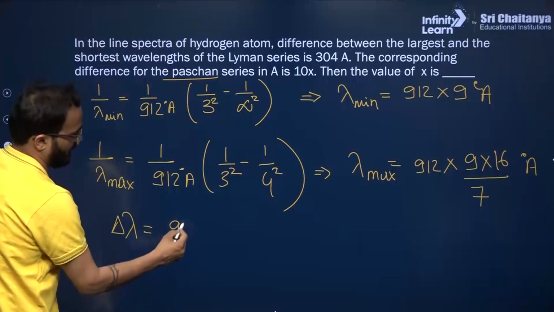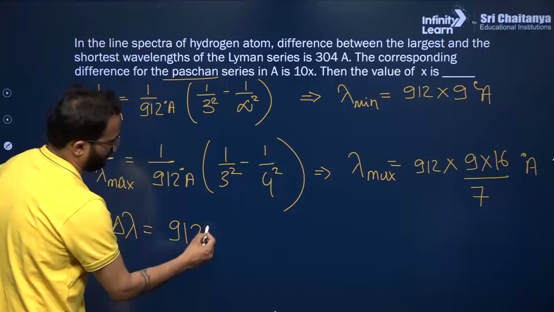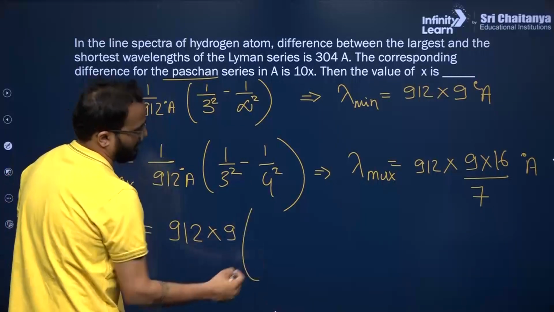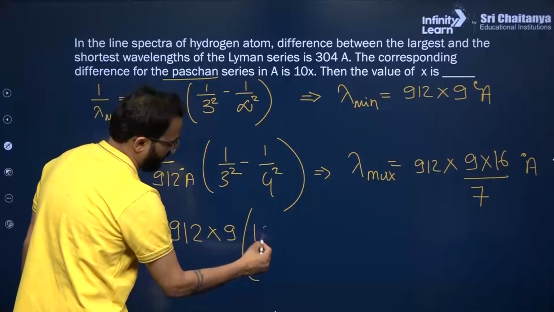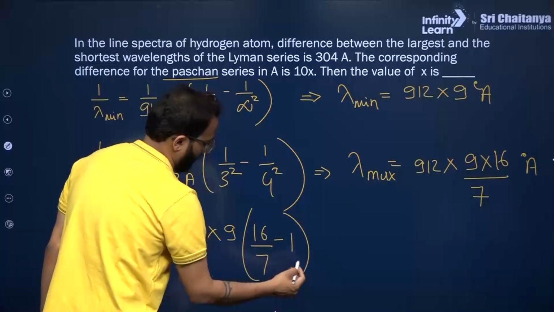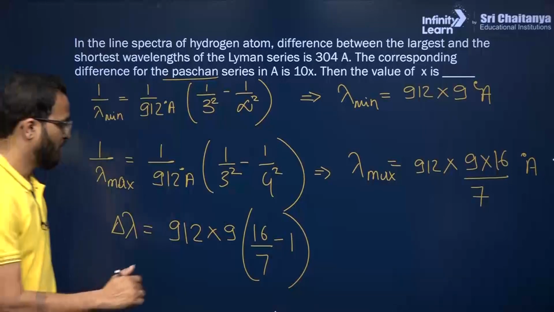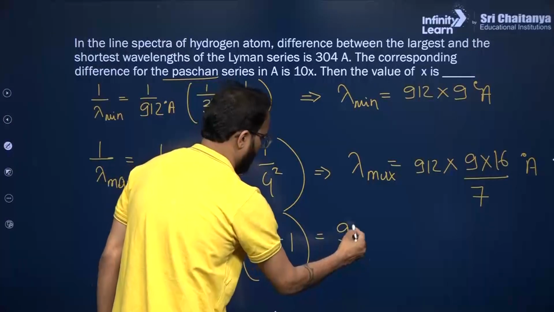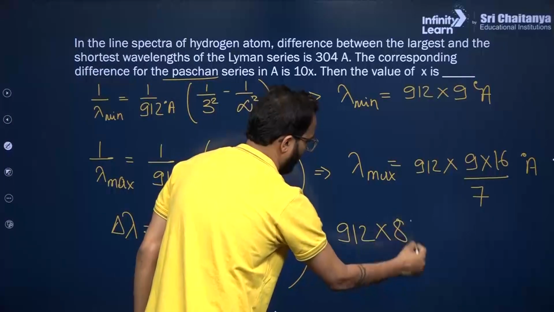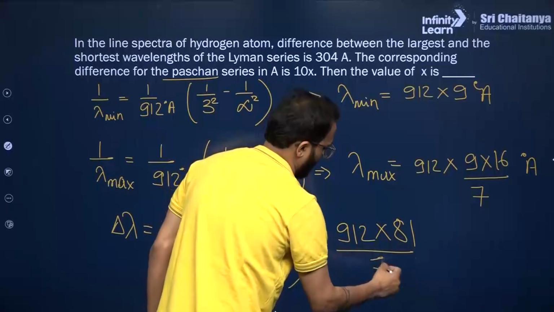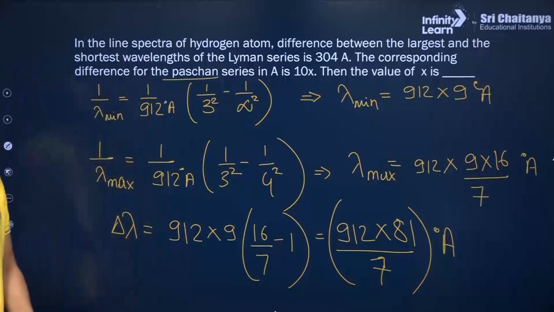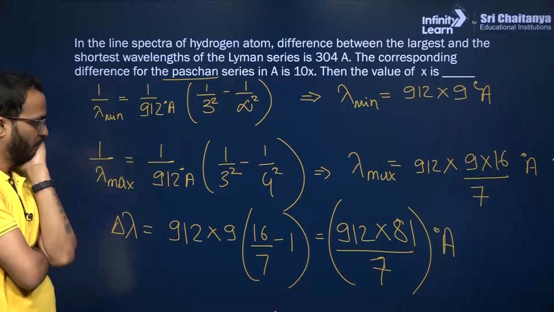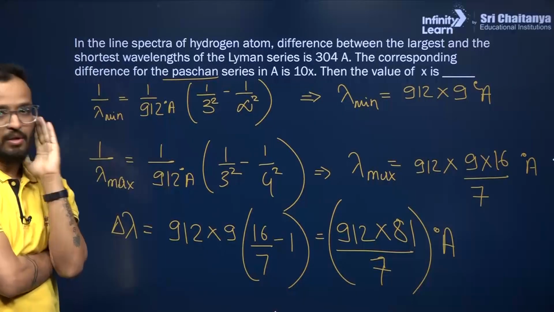Delta lambda will be 912 into 9 into 16 by 7 minus 1, so 9 into 81 by 7. So it will be 912 into 81 by 7 angstroms. Okay, 912 into 81 by 7. Now you have to find it.